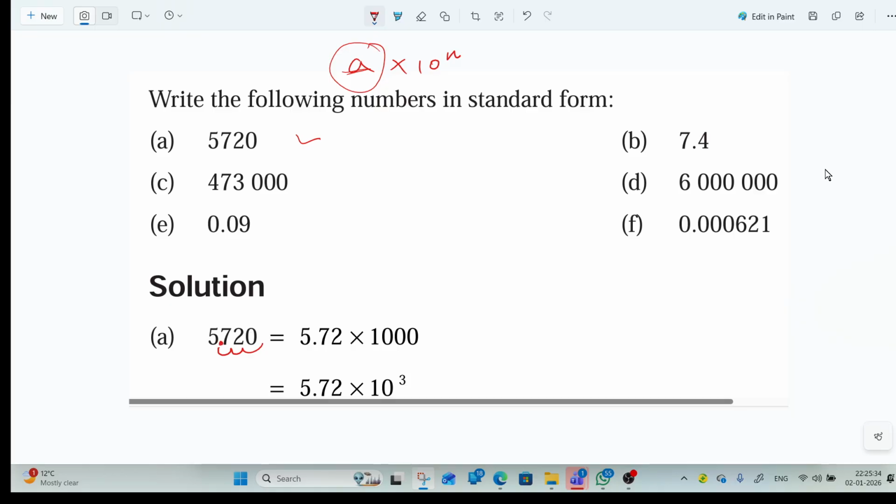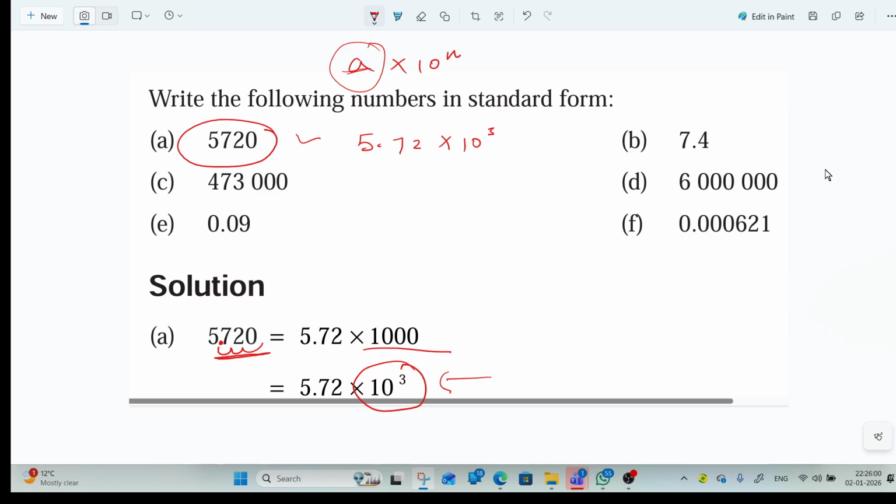Here I am putting the decimal, right? And after the decimal there are 3 digits. So I can multiply it with 1000, because in 1000 there are 3 zeros. 1000 in exponent can be written as 10 to the power 3. So if I convert it into standard form, I get 5.72 times 10 to the power 3.